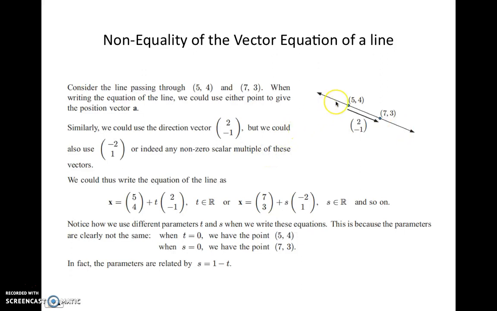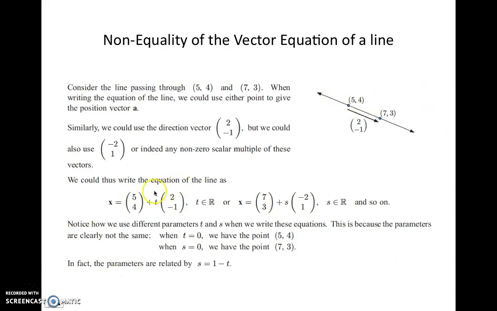Similarly, we could use the direction vector (2, -1), but we could also use (-2, 1), or any non-zero scalar multiple of these vectors, because you will be going across 2 here and then down 1.